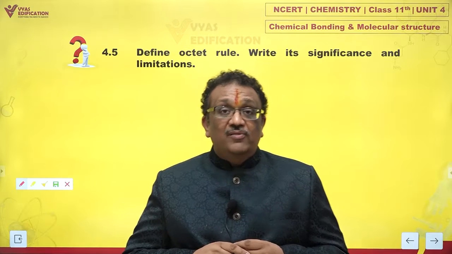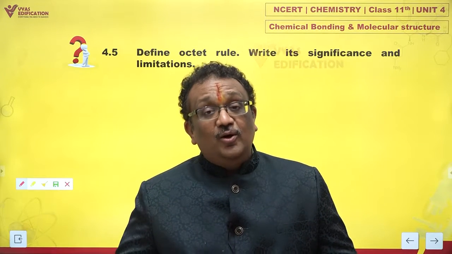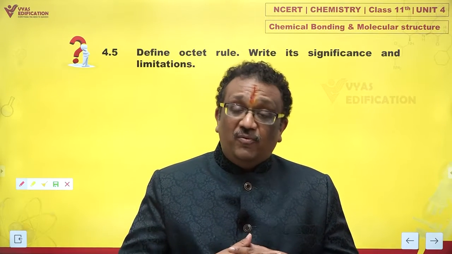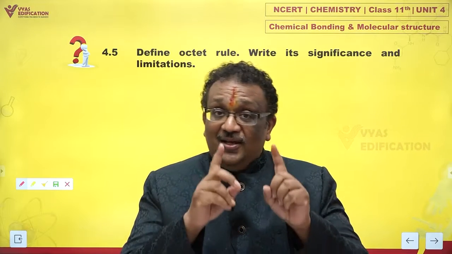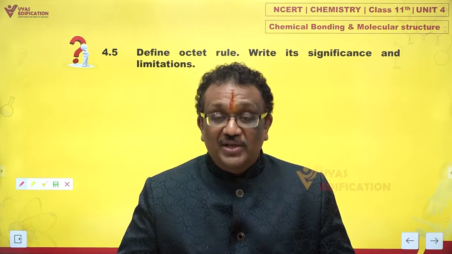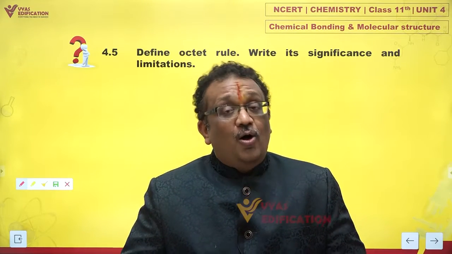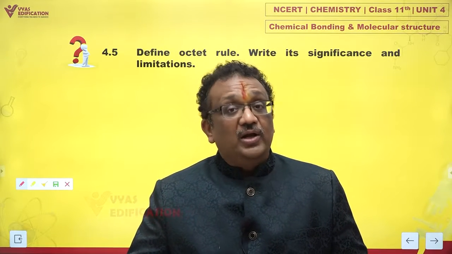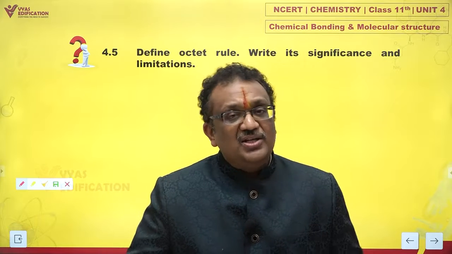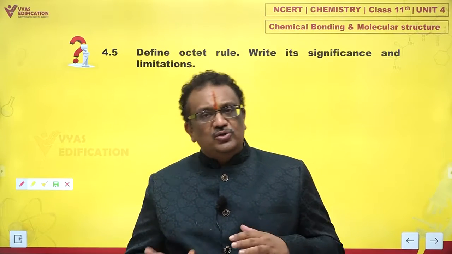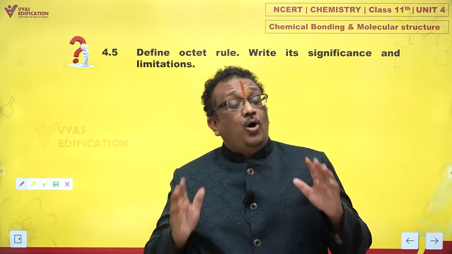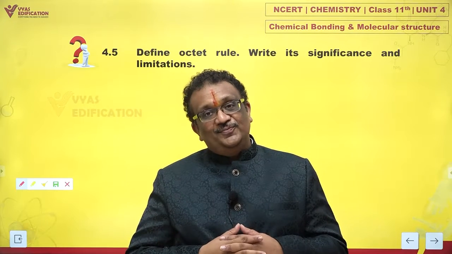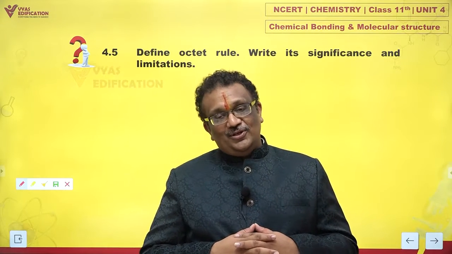So the rule which gave us the first method of how to write down molecules with the help of atoms, some guidelines, this was the rule. That is a very major significance, and still octet rule is very popular in writing down the structures in organic chemistry. Organic chemistry largely contains carbon, hydrogen, oxygen, nitrogen, such atoms, and for them octet rule works very well. This is the significance of octet rule.